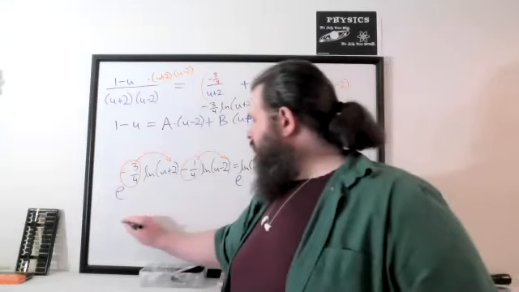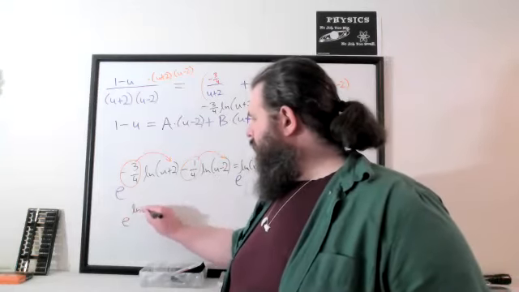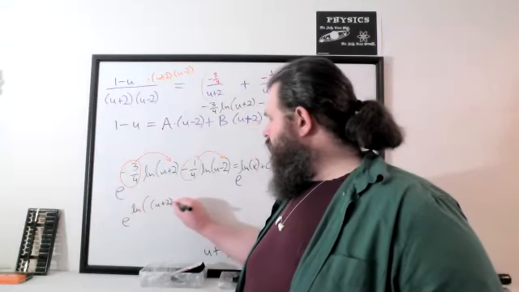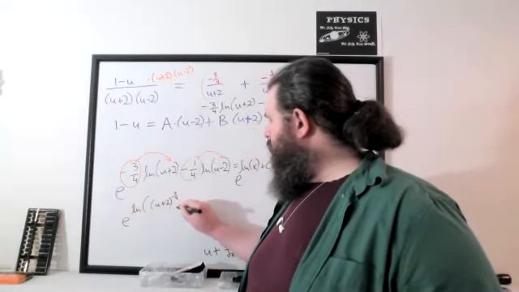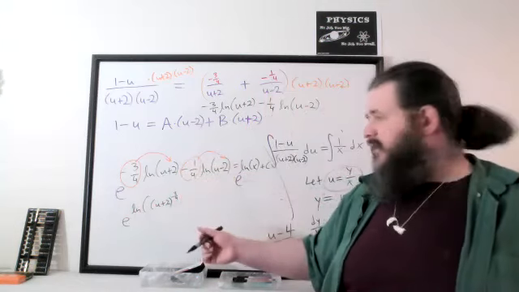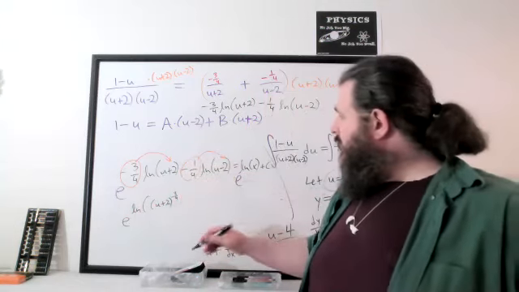So we've got e to the logarithm of u plus 2 to the negative 3/4 times, because we're combining the addition inside the exponent because of multiplication.